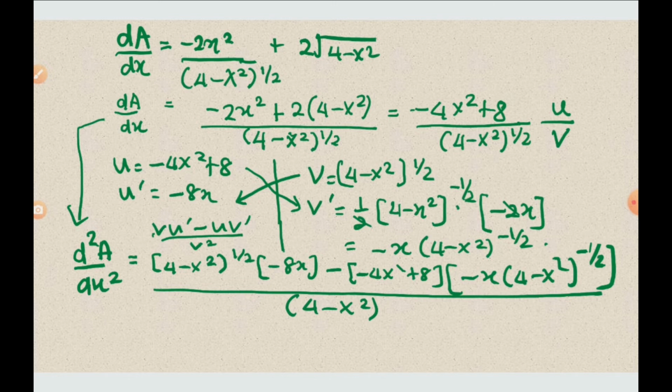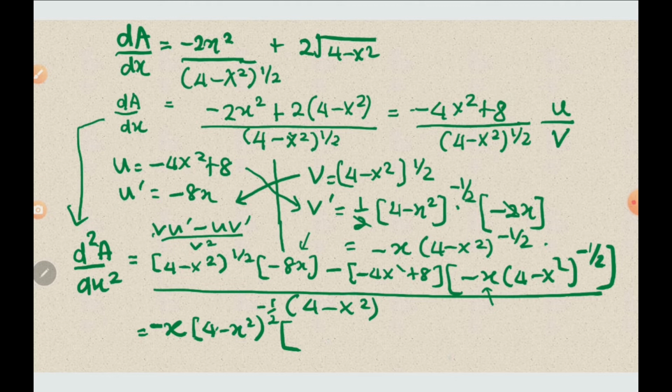We will simplify by factorizing the same terms here. In both terms we have x, which means we can factorize x. I put negative in front, then both terms also have (4 minus x squared) to the power of negative 1 over 2. I will factorize the smallest factor.